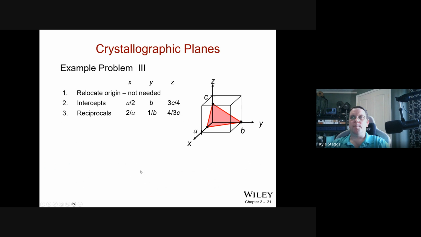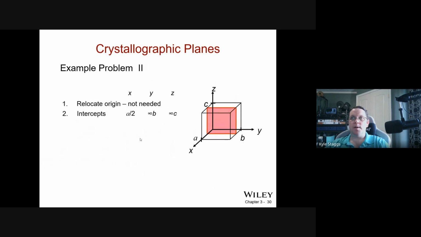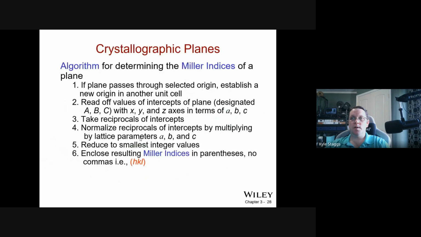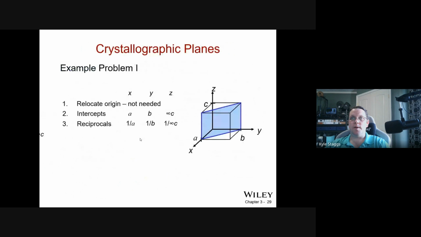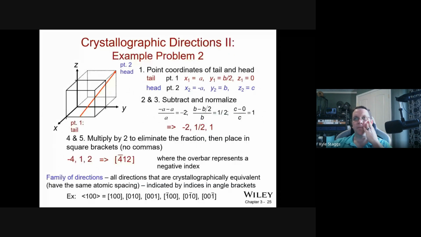So up here in this example, we don't have another example. We have it here. So the family of directions, crystallographically equivalent here, in terms of the coordinates are similar.